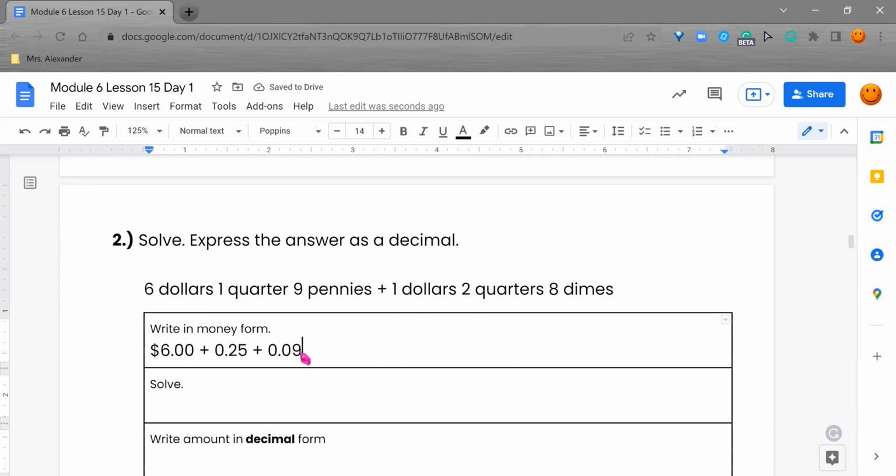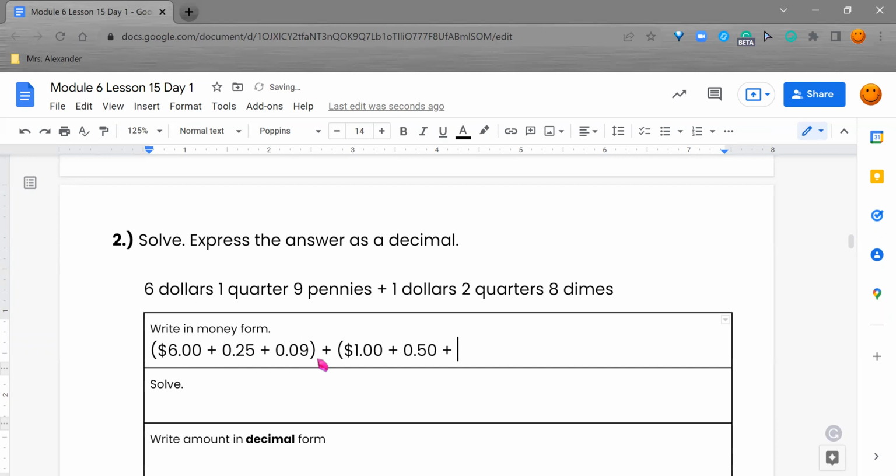Okay. Now that I've done that, I'm going to do this as a quantity, you guys, because I'm going to want to do another step. So now I'm going to add, we have $1, so I'm going to do the dollar sign with the 1 and the decimal after the 1. I have 2 quarters, which is 50 cents.